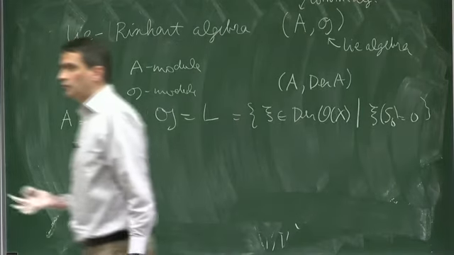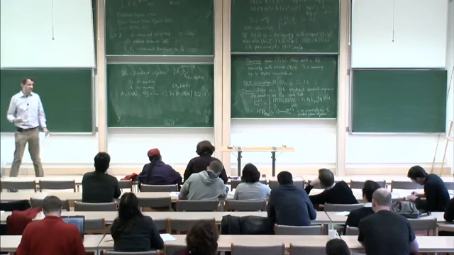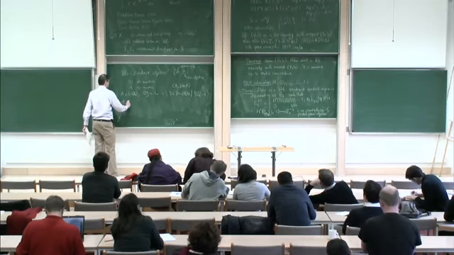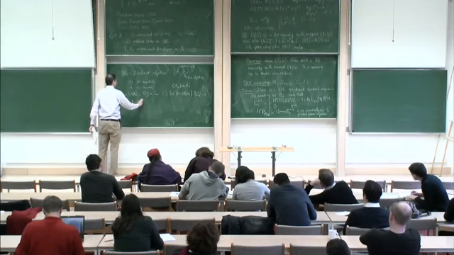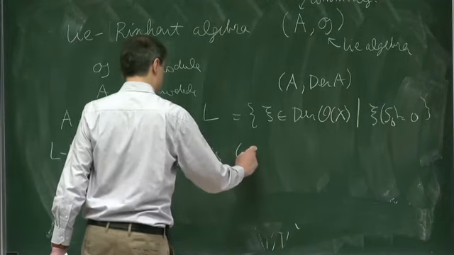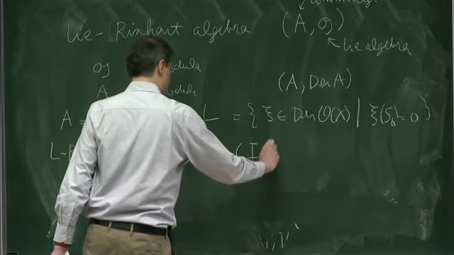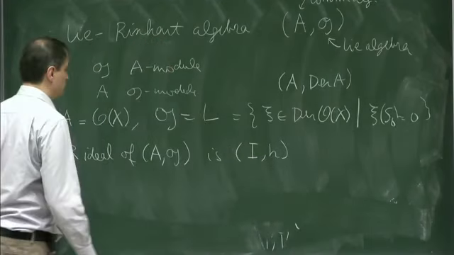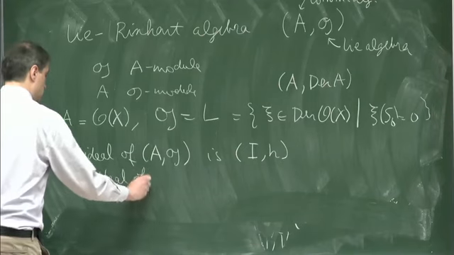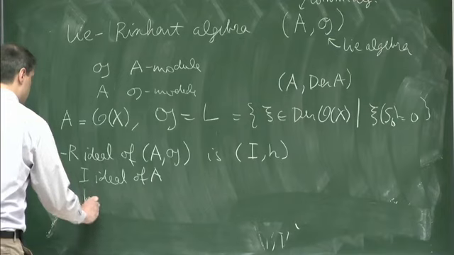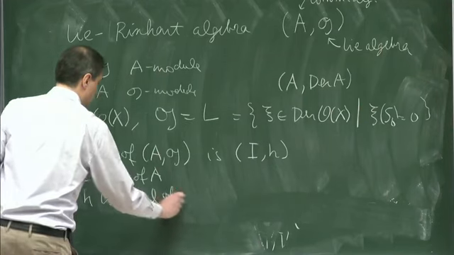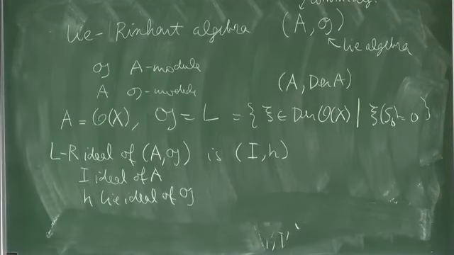Then there is a notion of ideal of a Lie-Rinehart algebra. A Lie-Rinehart ideal of (A, G) is a pair (I, H), where I is an ideal of A, H is a Lie ideal of G, and there are compatibilities.